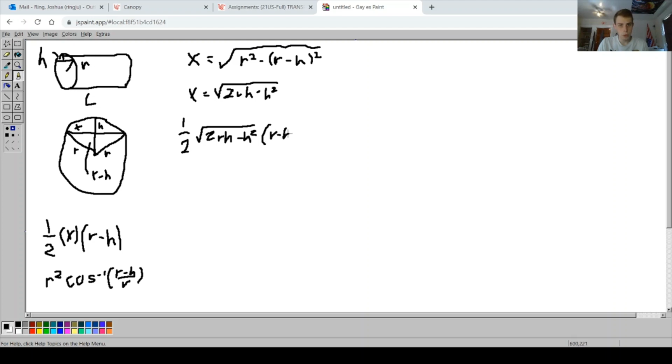But since this was only solving for one triangle, this entire thing will be multiplied by 2, because we are looking at both of the triangles over there. So this 2 will just cancel out this 1/2.